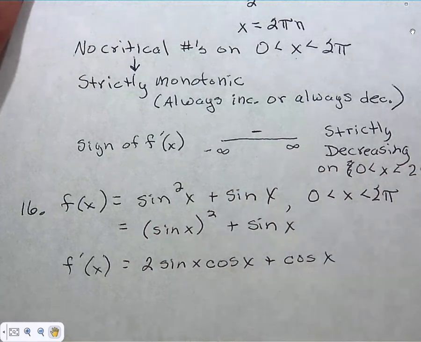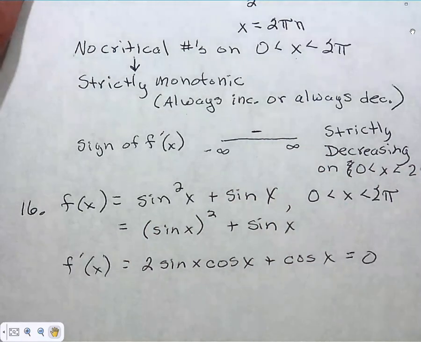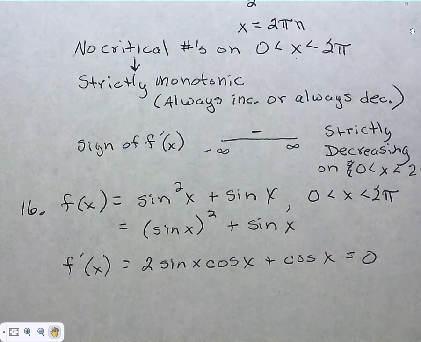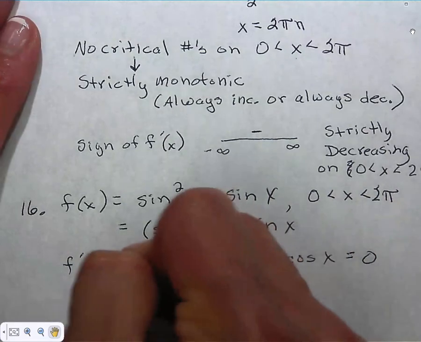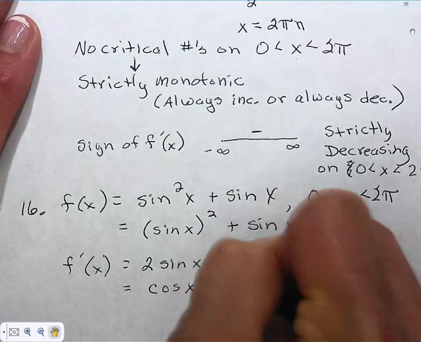I want to give you some practice at solving trigonometric equations. So if I set that equal to 0, how would you go about solving that trigonometric equation? You look to see what you can factor out. That's very helpful that you can factor out a cosine x.